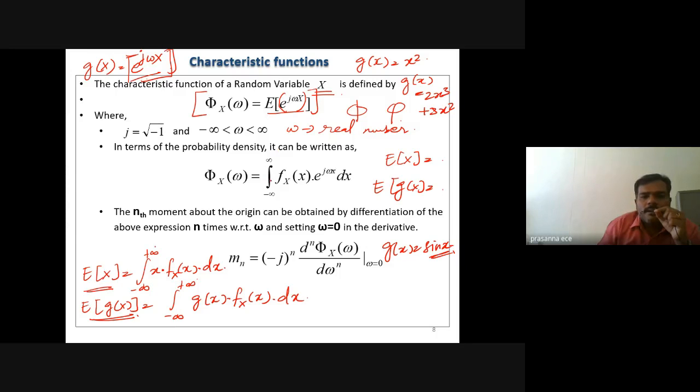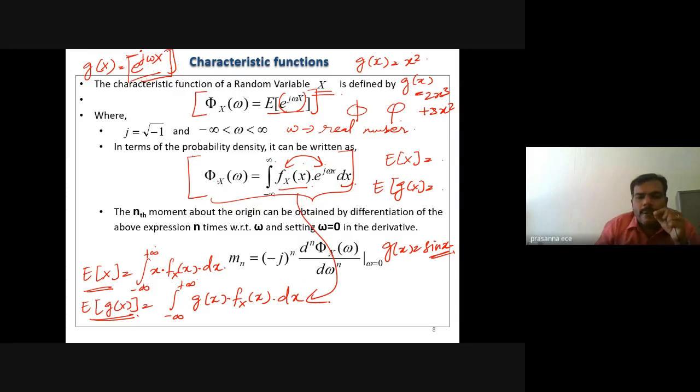That will be integral -infinity to +infinity fx of x into e power j omega x. Just for clarity, I'm bringing this next to fx of x. This is according to the definition of expectation of a function of x.